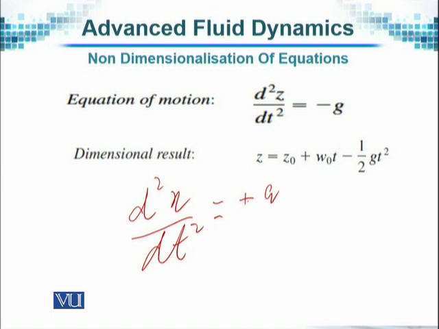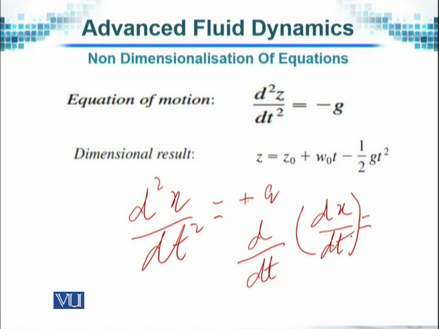Because the left hand side is going to give us acceleration, d2x by dt square is d by dt of dx by dt. This is velocity. So rate of change of velocity with respect to time is acceleration.